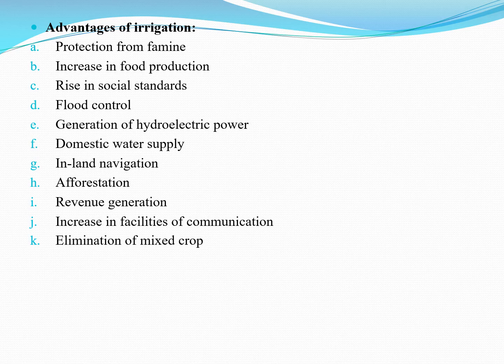If the irrigation water is assured, then mixed cropping may be eliminated and a single superior crop may be grown to get the maximum benefits. These are all the advantages of irrigation.